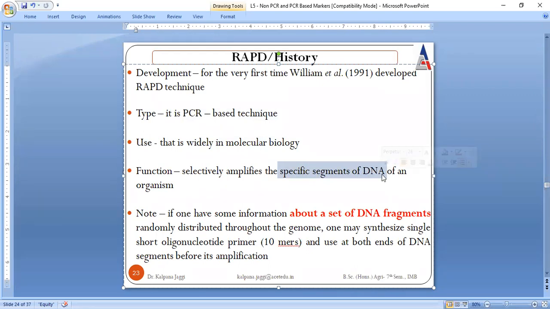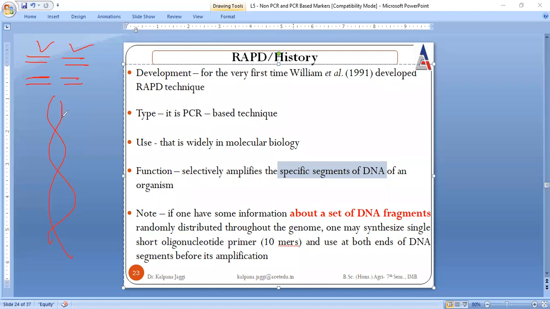Because it is used to amplify a specific segment of DNA, say you have information about a set of DNA fragments which are randomly distributed throughout the genome.